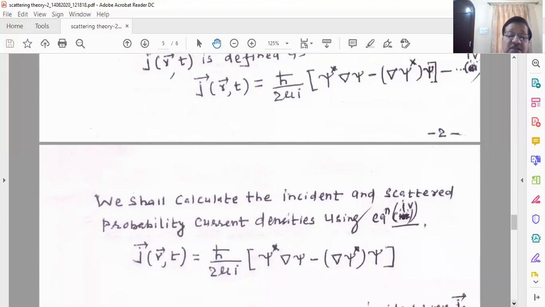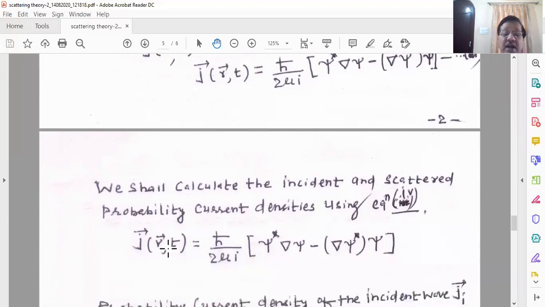So you see, this is the expression of current density, J(r,t), the same, where mu is the reduced mass. And you know this is the reduced mass. This is because we have a system of two particles.